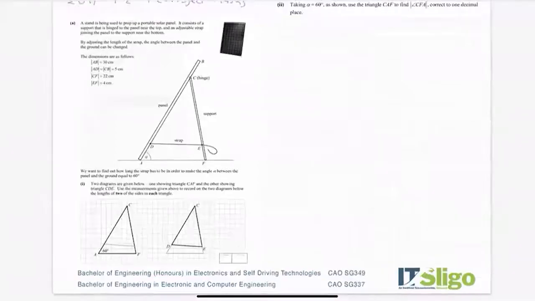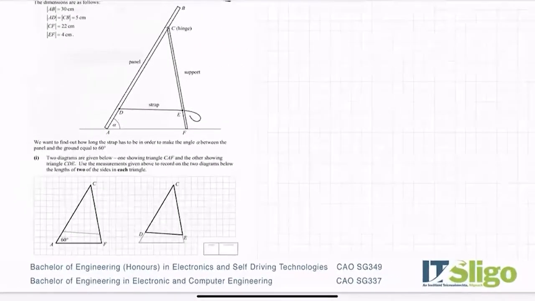Right, so if we zoom in just a little bit and fill in some of these dimensions. Okay, so I'm going to fill some in up here first. It's telling me CB is 5, so this bit up here is 5. And this bit down here, DA, is also 5.